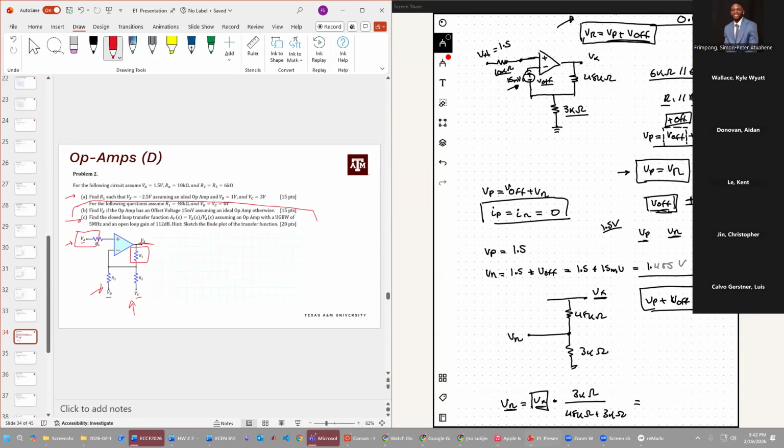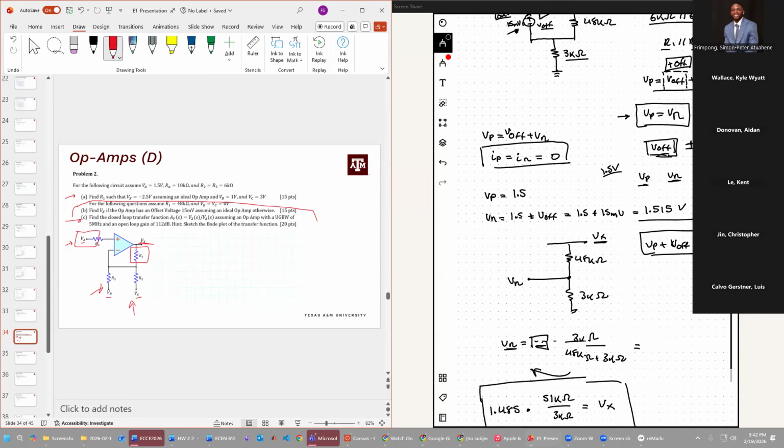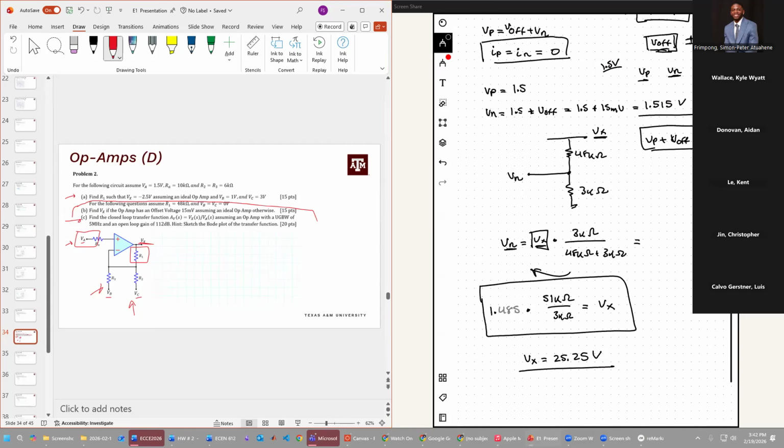Instead of 1.485, this will be 1.515 volts, like so. If we propagate that all the way through, the correct answer will match the solution. There we go. So yeah, just to note the convention.